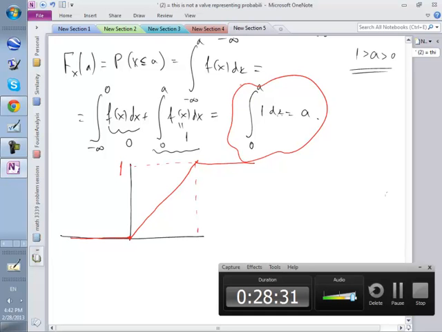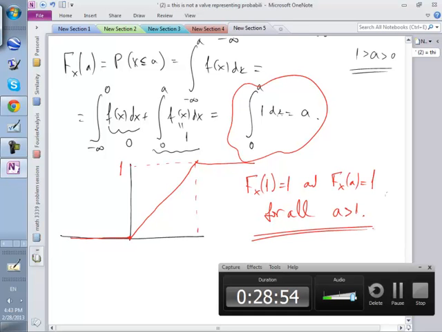So when a becomes 1, it reaches this value and stays fixed thereafter. Doesn't change.